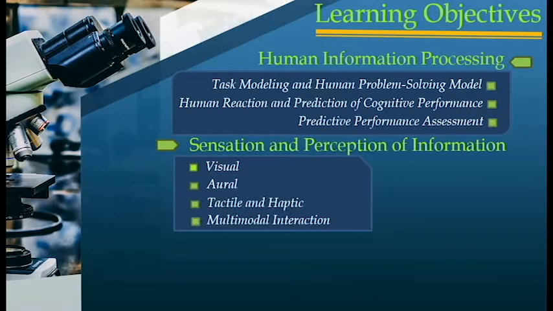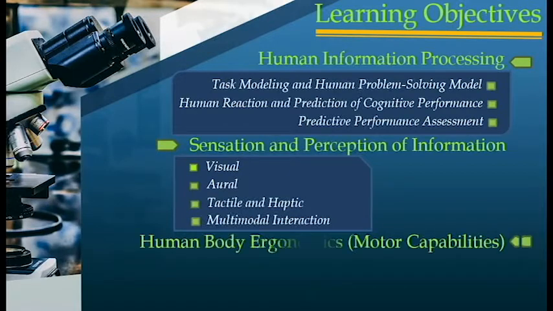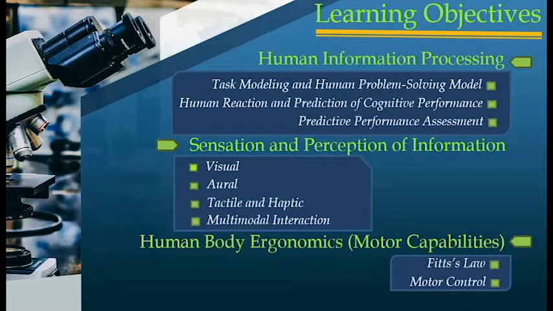So we have visual, aural, tactile, and haptic, and multimodal interaction. Then we have human body ergonomics. These are the motor capabilities. So we have Fitts' law and motor control. So we have also the others. These are some other human factors as HCI theories.